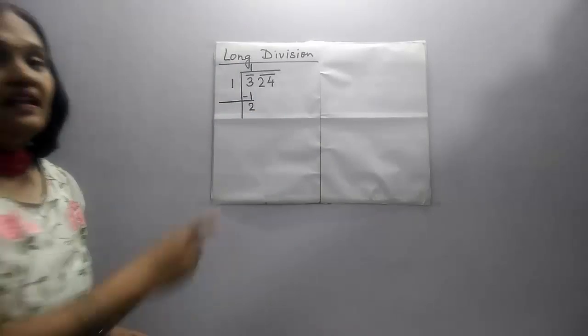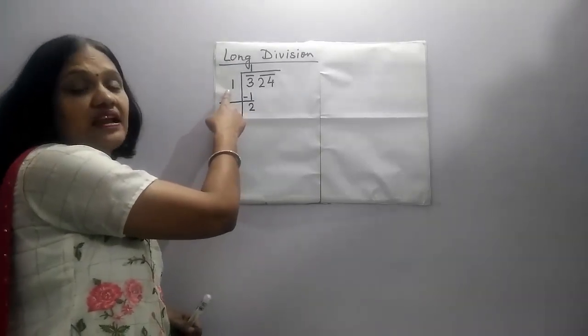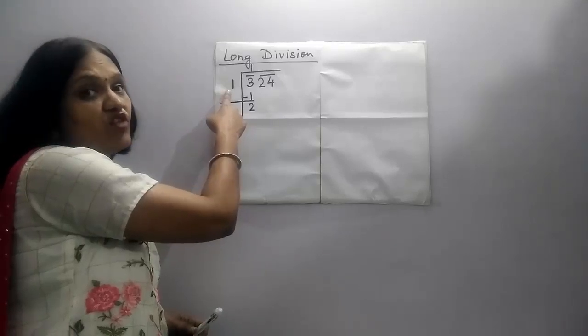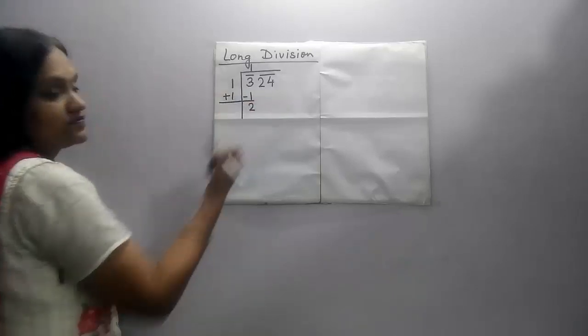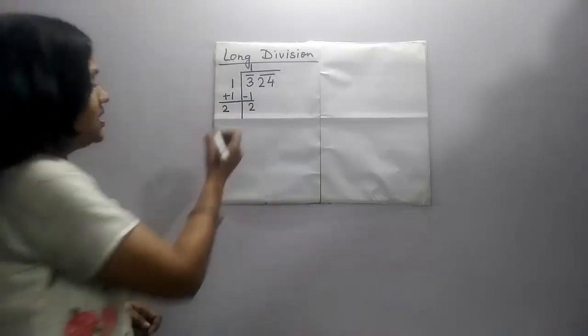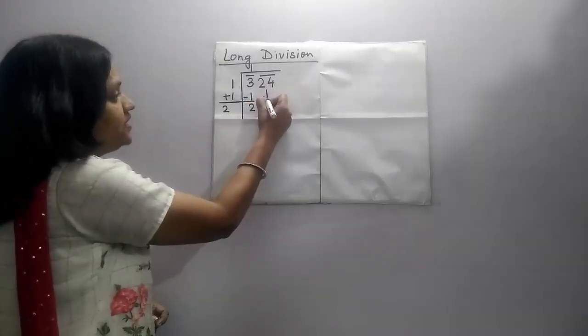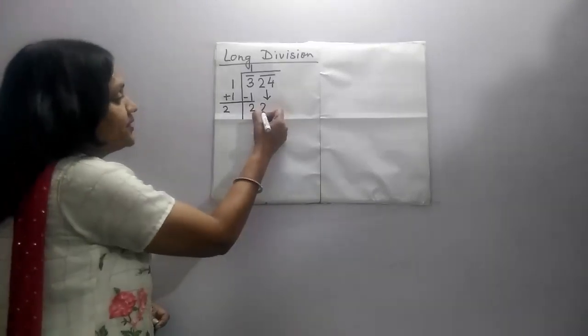Which was the last digit I wrote in this column? The last digit I wrote in this column was 1. Write it again and add. 1 plus 1 is 2. Now bring this 24, which is the next pair, down.